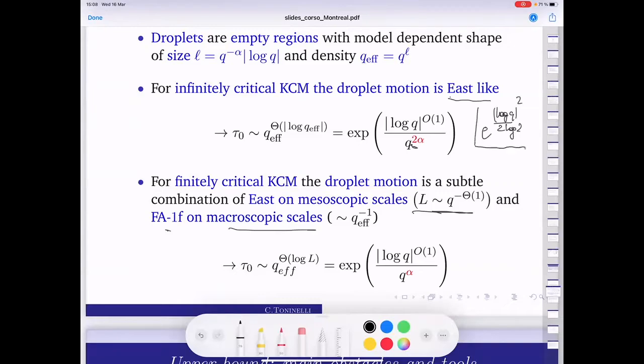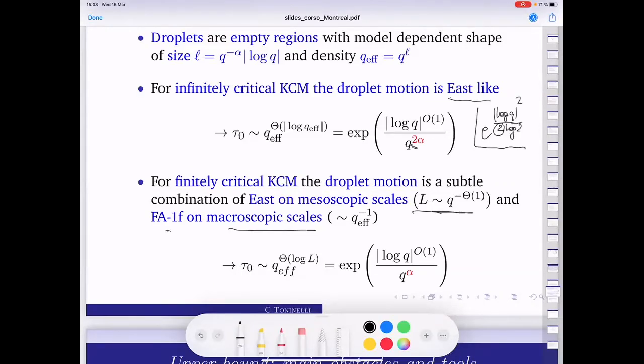So in this case, the droplets are the single empty sites, and there is this factor 2 here, which was missing in their understanding, and which comes from the fact that when you have to overcome this logarithmic energy barrier, you have many ways to go through this bottleneck, let's say.